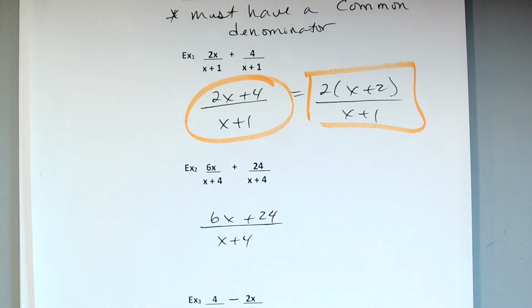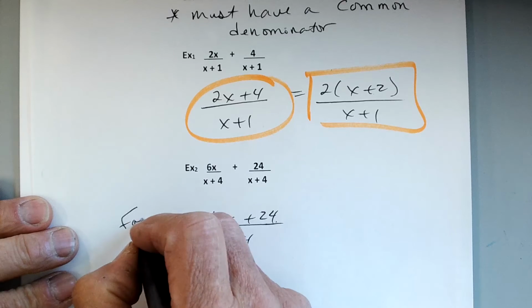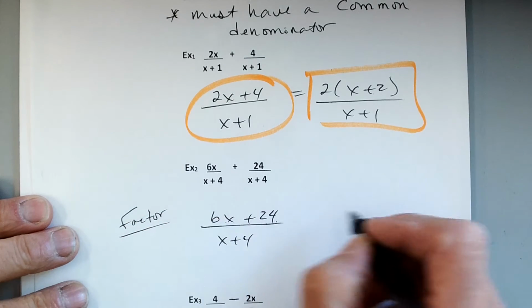Okay, but in this case, if I take out a 6, I'd have an x plus 4, right? So in this case, factoring is going to be helpful. So let's factor. Now we should be able to simplify.